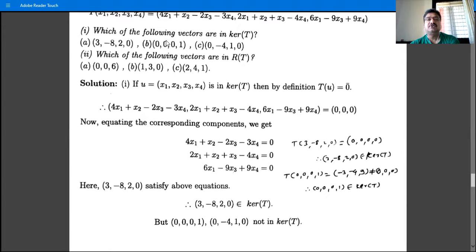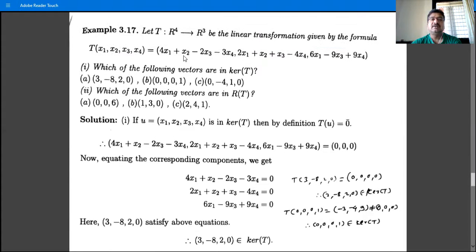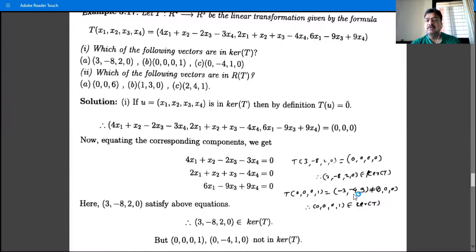What is T of (0, 0, 0, 1)? Substitute x1 as 0, x2 as 0, x3 as 0, and x4 as 1. So what do we have? The answer is (-3, -4, 9). That is, this is not equal to 0, 0, 0.